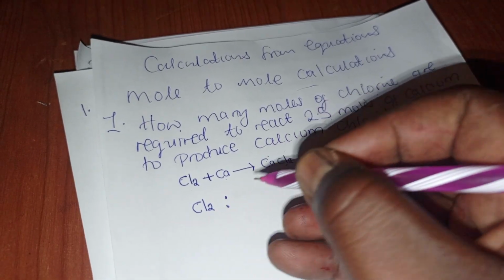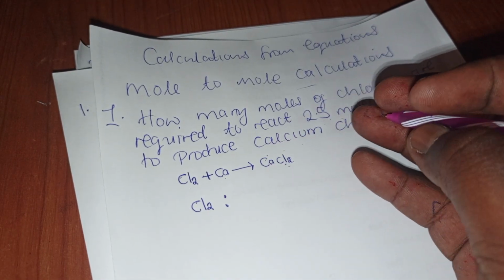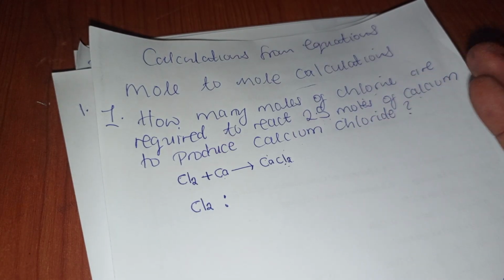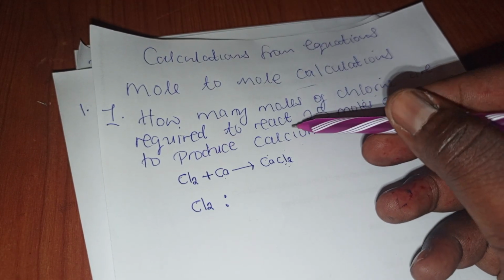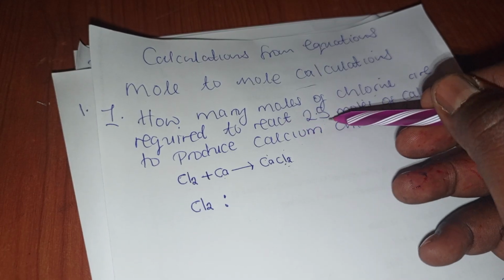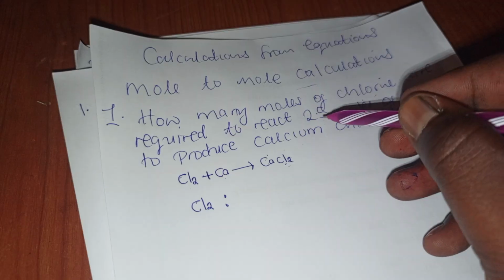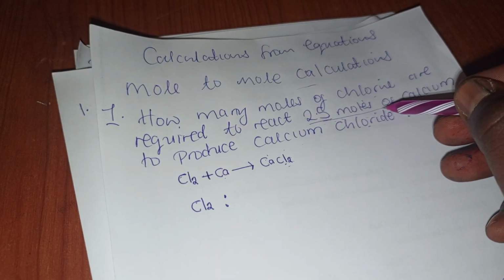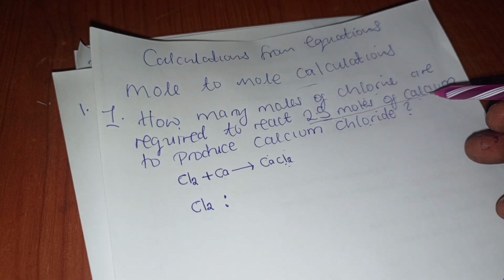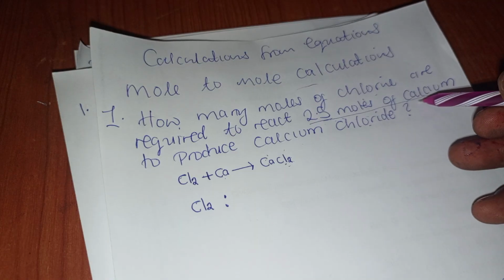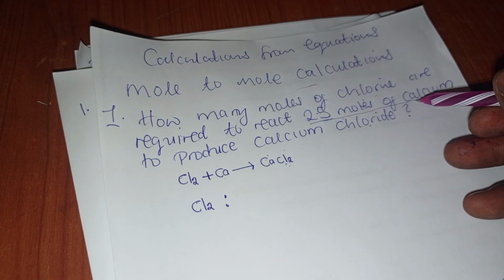Then I'll compare with the one whose number of moles is given. The question says react 2.5 moles of calcium to produce calcium chloride, so this 2.5 is the number of moles for calcium.